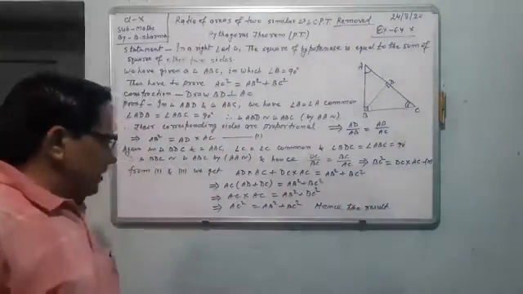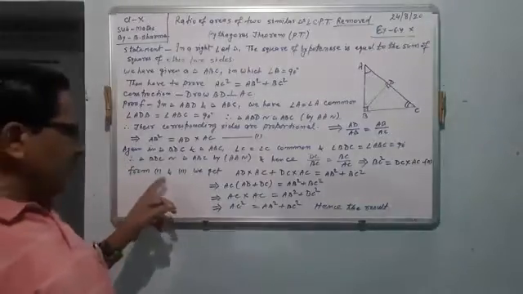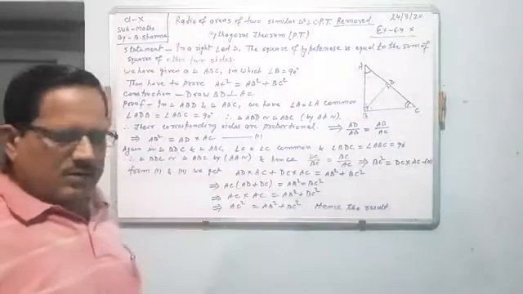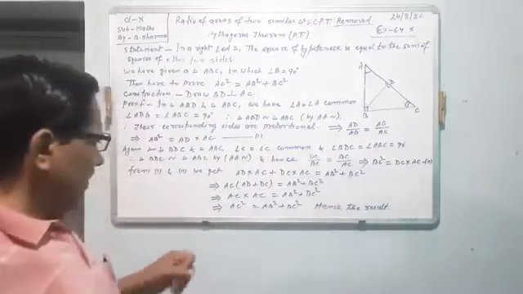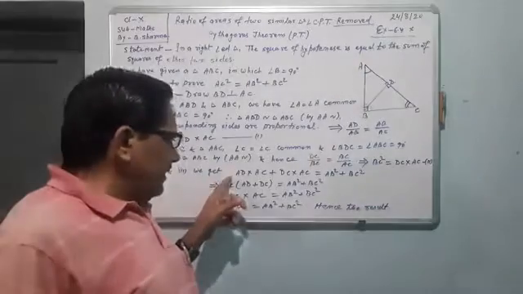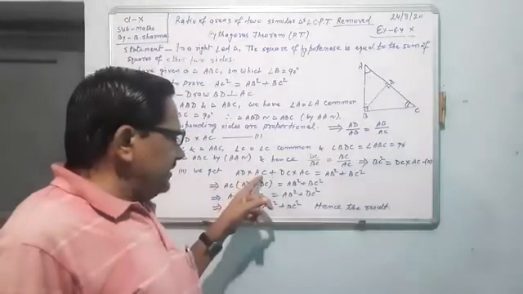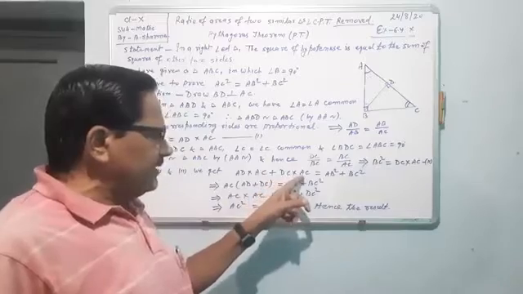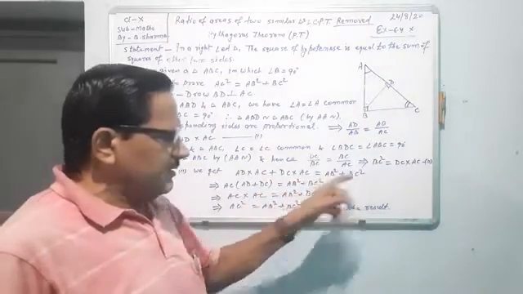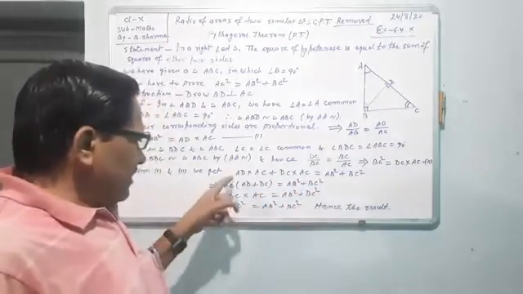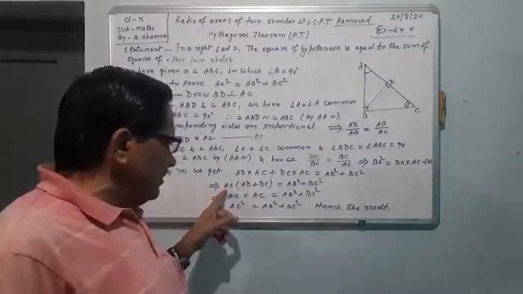Now, from 1 and 2, on adding we get AD multiplied by AC plus DC multiplied by AC equals AB square plus BC square. Take AC as common.